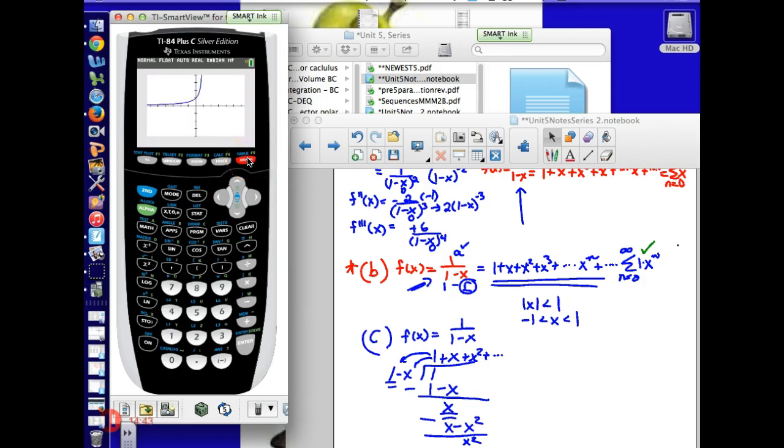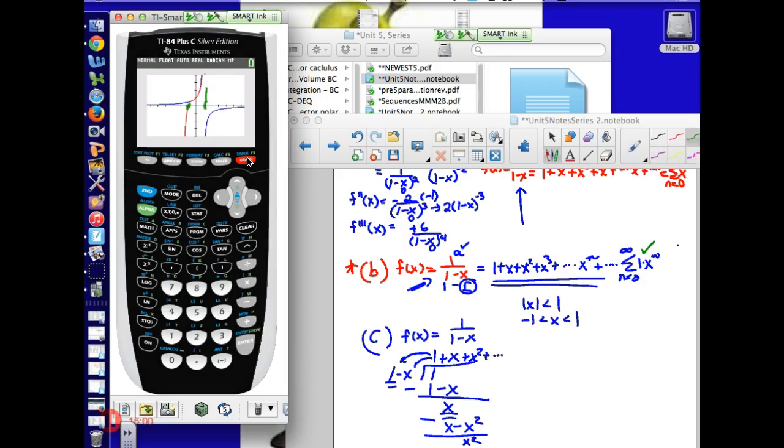So there's the original function in blue. My Taylor series, 1 plus x plus x squared plus x cubed plus x to the 4th, et cetera, is the red one. And you'll notice that between -1 and 1, I've got a really good fit. Over here at -4, it's horrible, right?